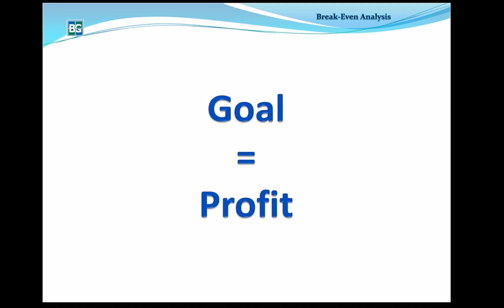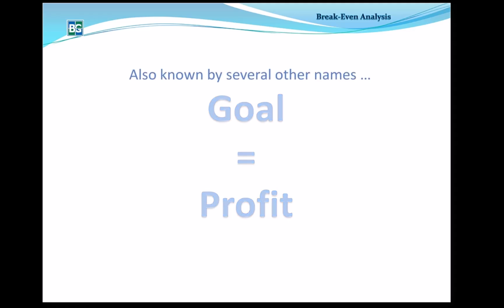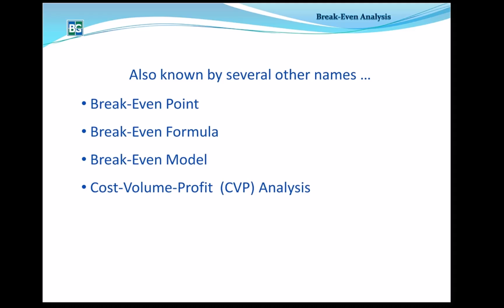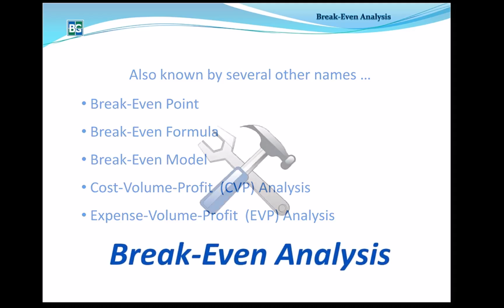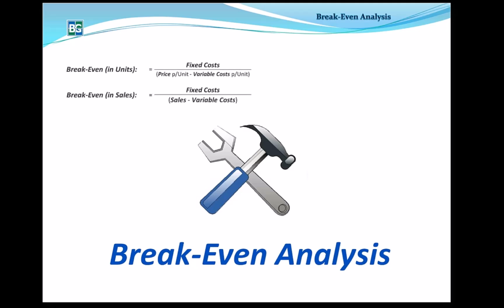Now let's get started. This analysis is also known by several other names: break-even point, break-even formula, break-even model, cost volume profit analysis, expense volume profit analysis. The most common name is the break-even analysis, which is a tool in the form of a formula for the business owner to provide an estimation of the level of activity that needs to be accomplished to break even or begin showing a profit.